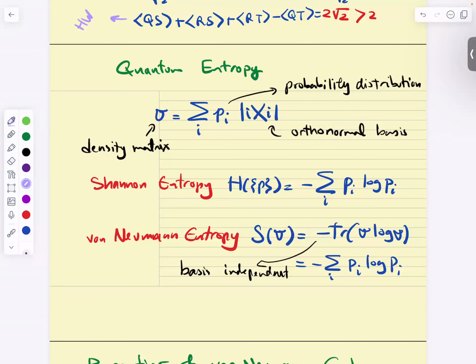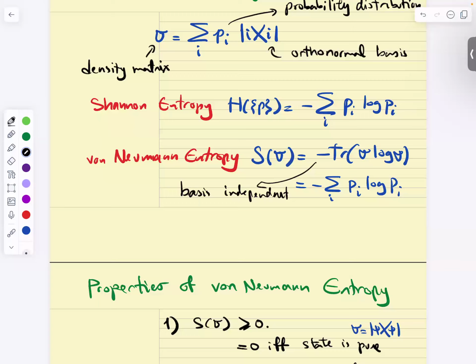Now, here's a fun exercise for you guys. What is a thermal state? What's the density matrix of a thermal state? Yeah, e to the minus beta Hamiltonian, and you have to normalize it.